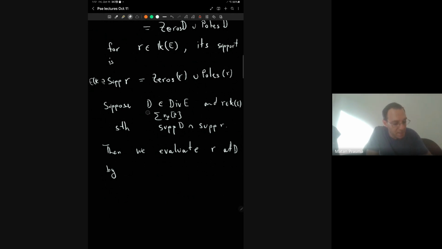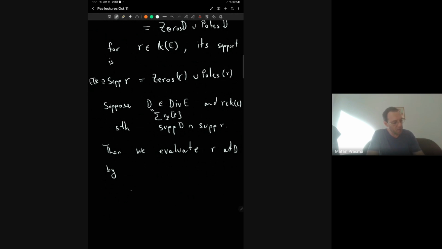It can be any divisor that has support disjoint from the support of R. So the set of zeros and poles of D does not intersect at all with the set of zeros and poles of R.